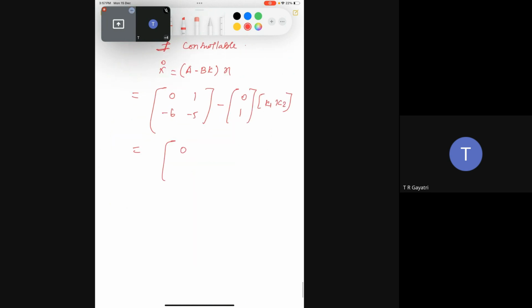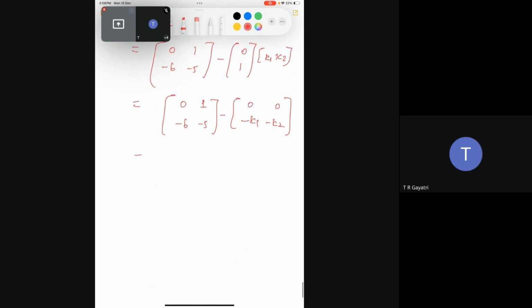So 0, 1, minus 6, minus 5, minus 0, 0, K1, K2. So 0, 1, minus 6 minus K1, minus 5 minus K2. This is your A minus BK matrix.